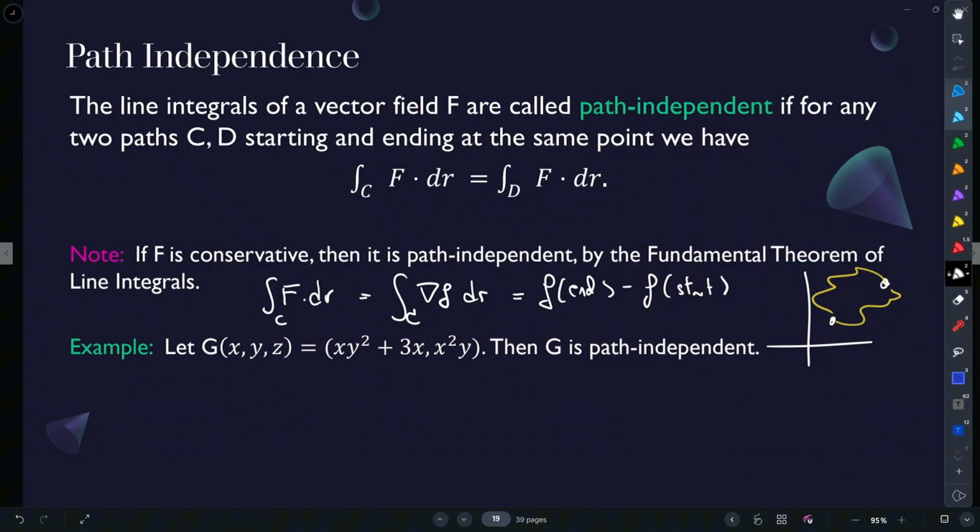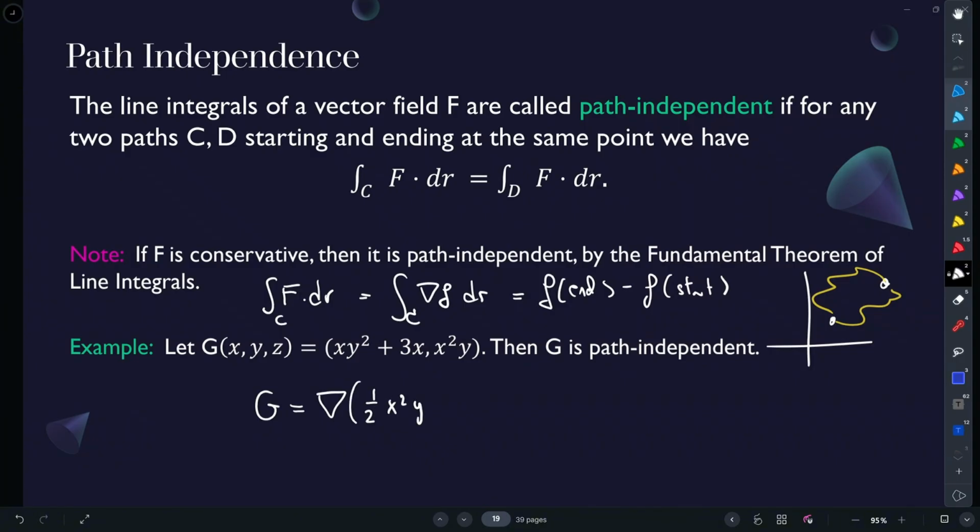And then you can see that we have already found a bunch, which are precisely those that are conservative.